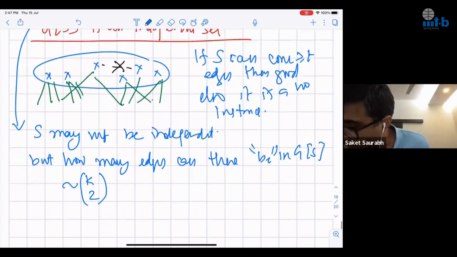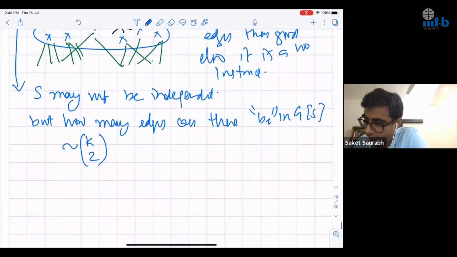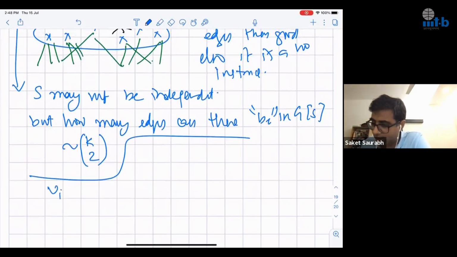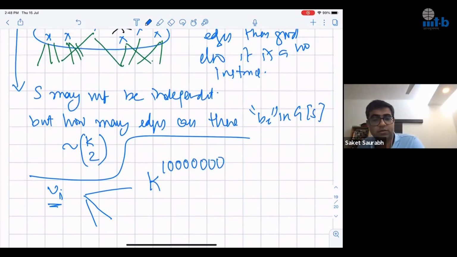Now let's ask ourselves, look at the top vertex, vertex V1. Suppose its degree is like this. What can I say then?